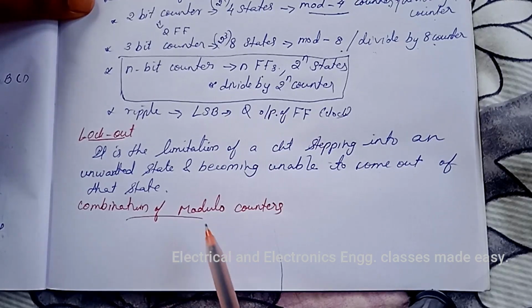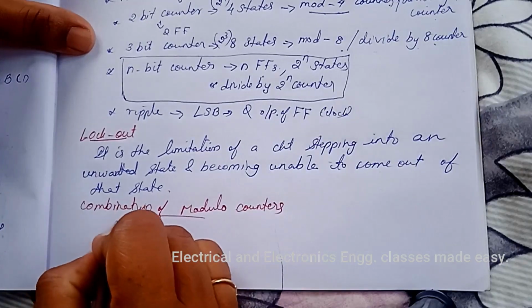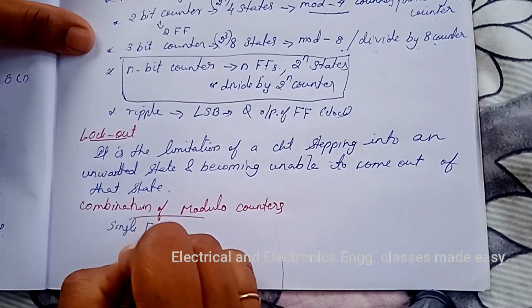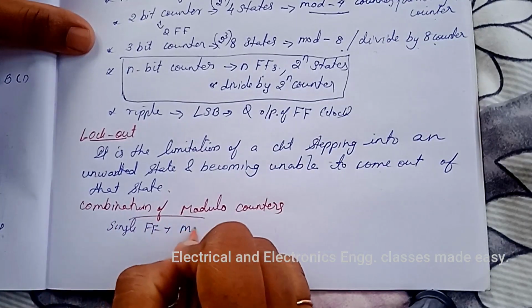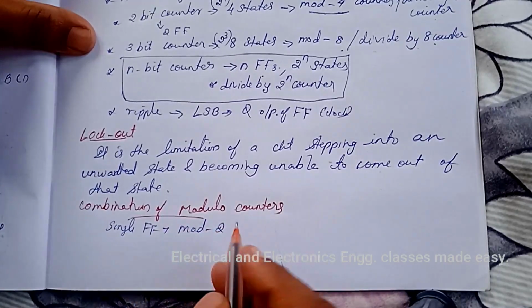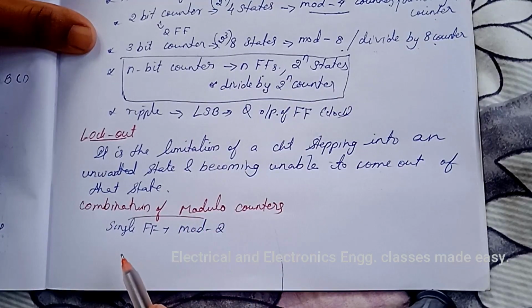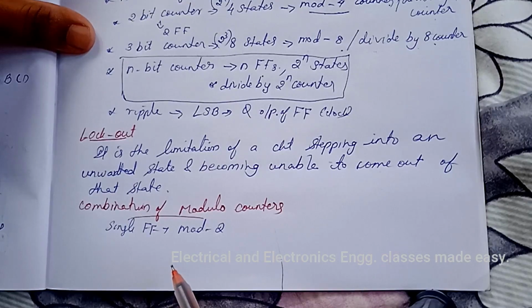Next is combination of modulo counters. A single flip-flop is a mod 2 counter, and counters of different modes can be combined to get another mod counter.